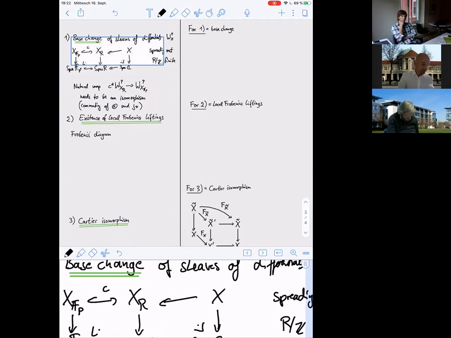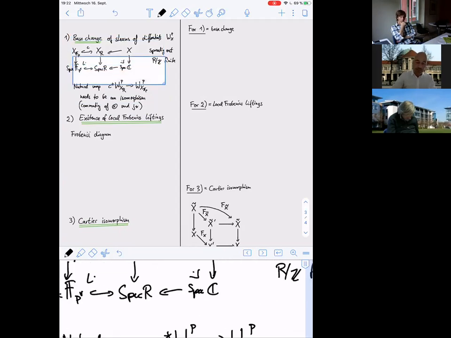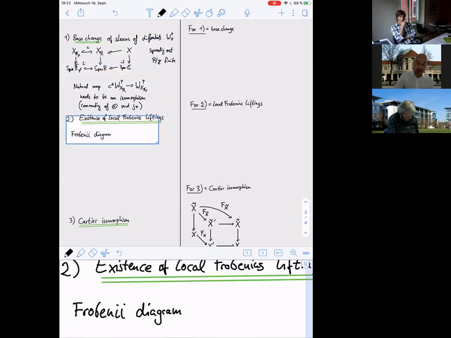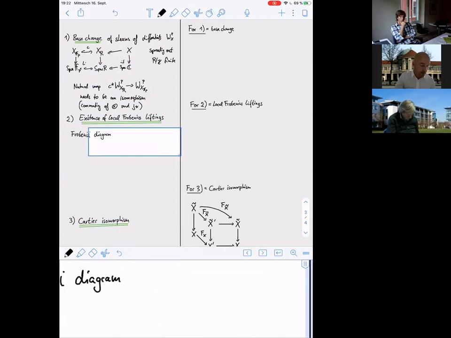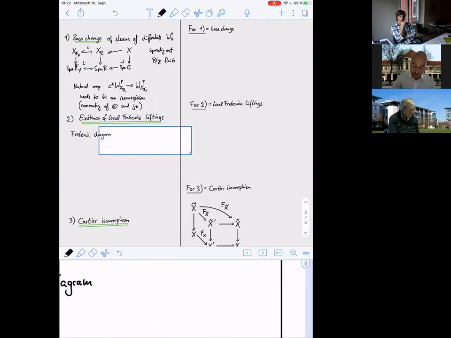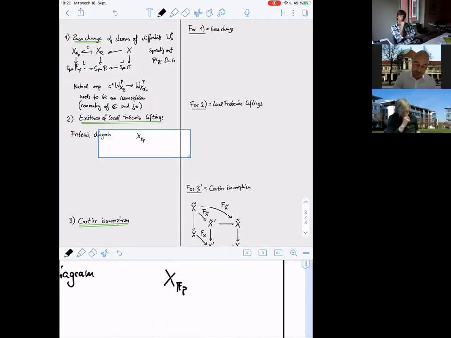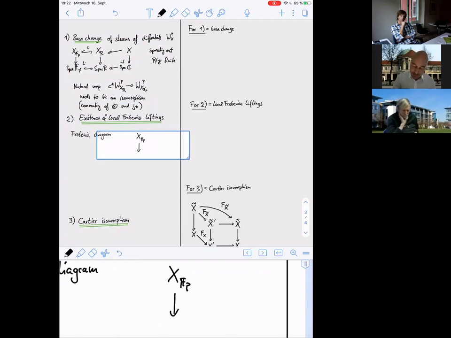Okay. So the next thing that we want is that we have local Frobenius liftings. Let me introduce you to the Frobenius diagram, which you may have seen before. So we now have this variety over the finite field, and Miles is right. It's generally not FP, but FP to the R. But I'm lazy as I said.